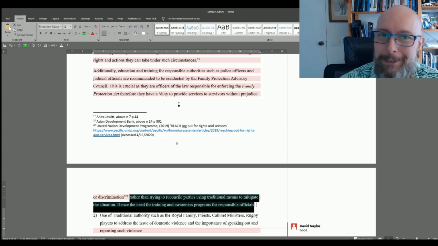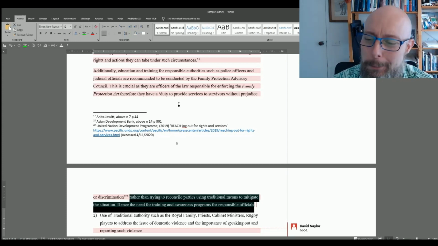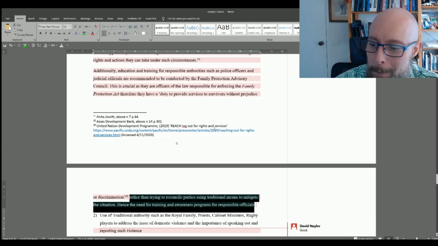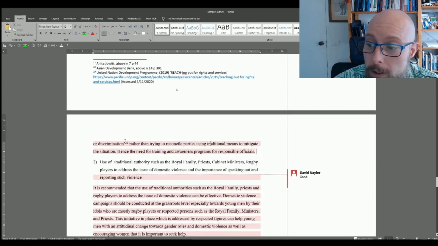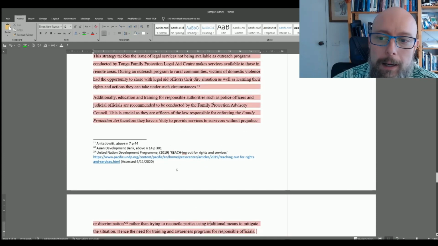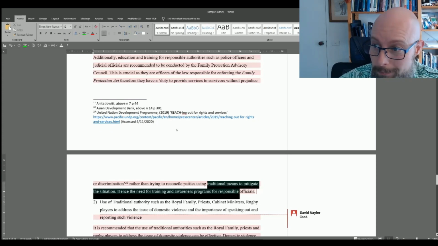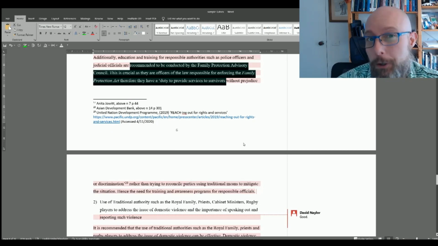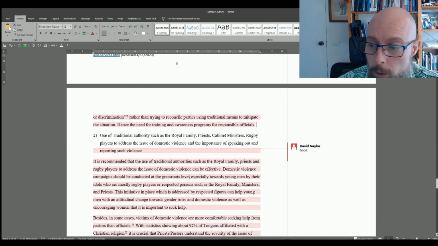There might be some issues that are like that, but beating children is probably not one of them. So this student is saying, I'm aware of this. This is what happens. Again, we could articulate it more clearly, but it's there. I can pick that up. So police and others need better training to deal with domestic violence issues and the law.